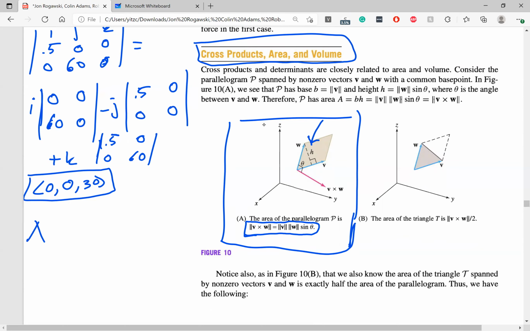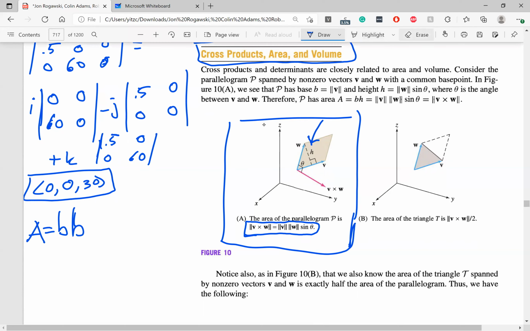We know that the area of a parallelogram is its base times its height. Basically like a square, but it's harder to find the height with a parallelogram because you're not given it. So you want to find the height. Well, your base is your vector v, or the magnitude of v, I apologize. So that's your base.